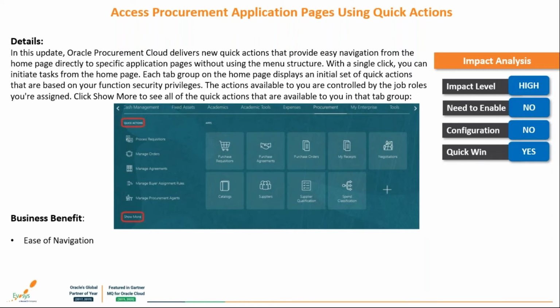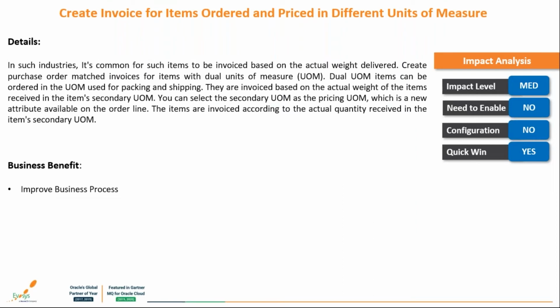Now we are moving on to the second feature. The second feature is create invoice for items ordered and priced in different units of measure. It's typical for such products to be billed based on the actual weight supplied in such a business.